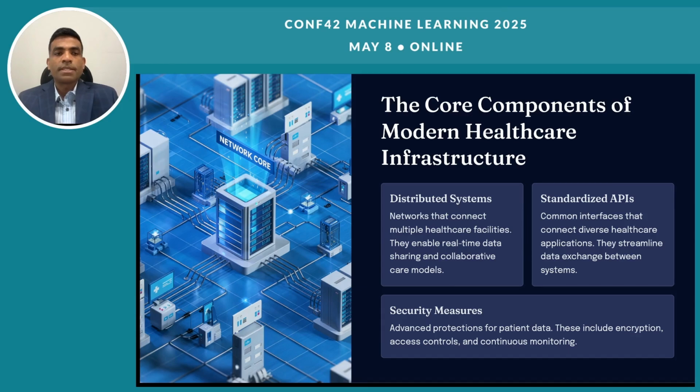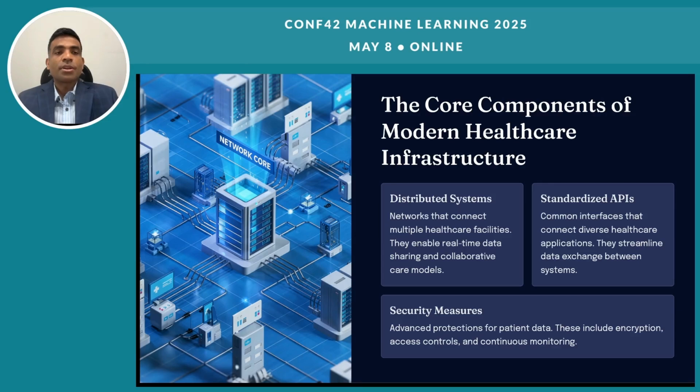The three key components that define today's healthcare infrastructure are, the first one being distributed systems, wherein healthcare organizations operate through interconnected networks that link multiple facilities like hospitals, clinics, labs, and specialist centers. These distributed systems enable real-time sharing, enhance coordination among care teams, and support collaborative care models that improve patient outcomes. And the second one is standardized APIs.